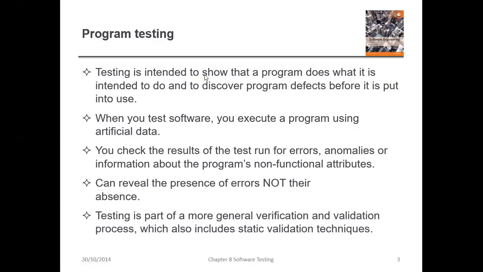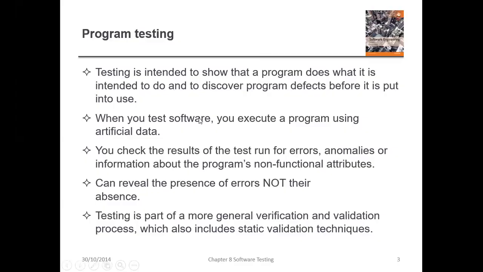Now, if you read these first statements, you realize that the purpose for testing has been stated here. And if you look at it critically, you realize that there are two main reasons or aims for testing a system.